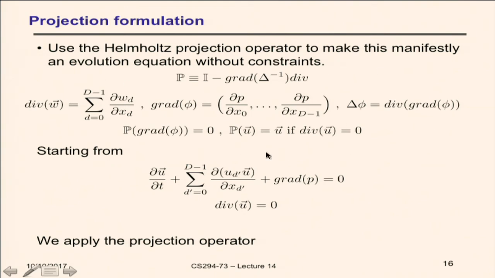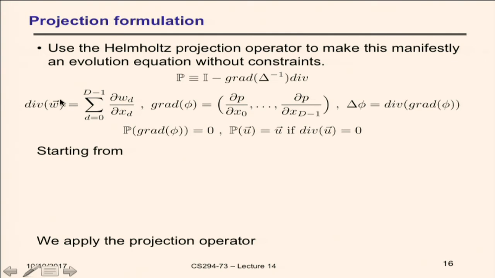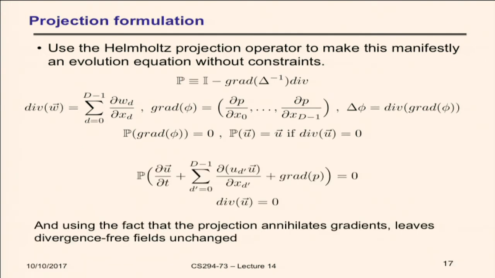And what are the properties of P? The projection applied to a gradient is 0. The projection applied to U, where the divergence of U is equal to 0, gives U. If we apply the projection operator to this equation, we end up with this. Now, projection applied to U with divergence of U equal to 0 means projection just goes inside, and projection of grad P is equal to 0.